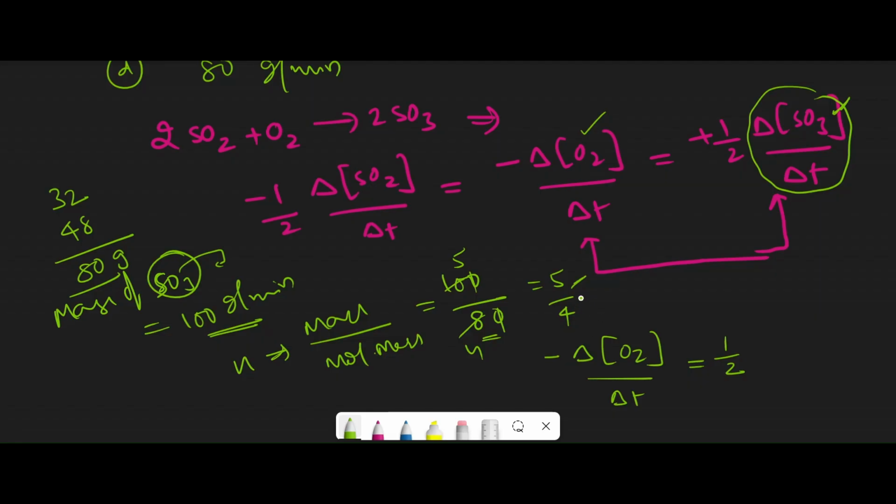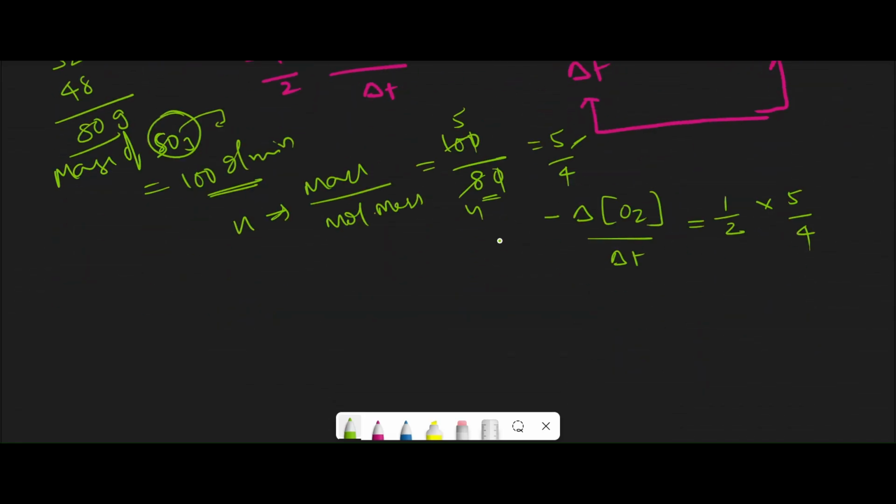So 1 by 2 into 5 by 4. Now we simplify. Minus delta O2 by delta T, the concentration of O2, equals 5 by 8, but this is a concentration.